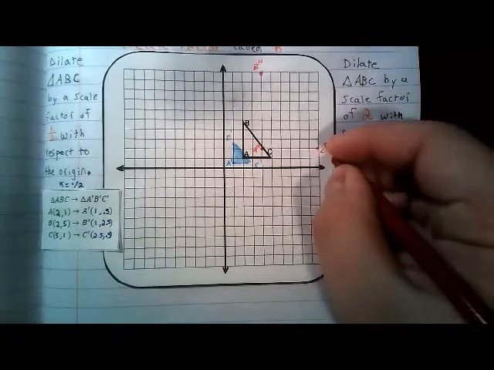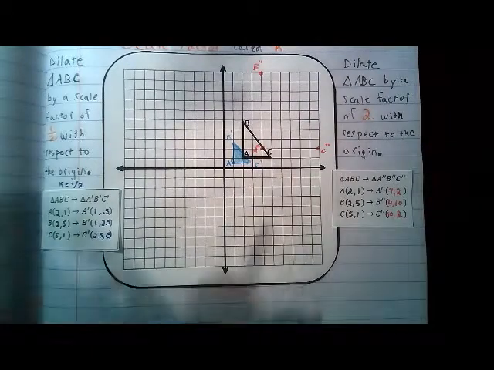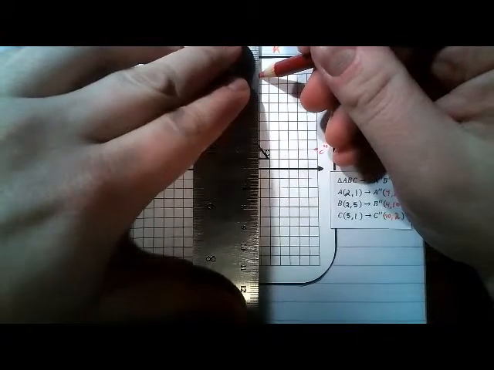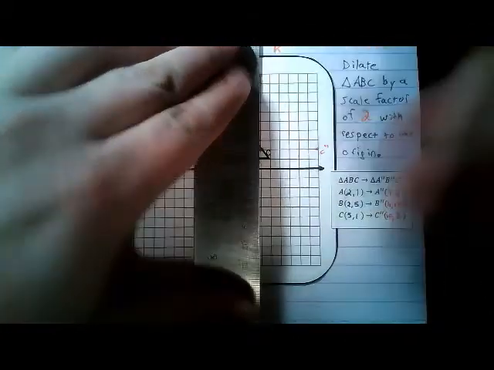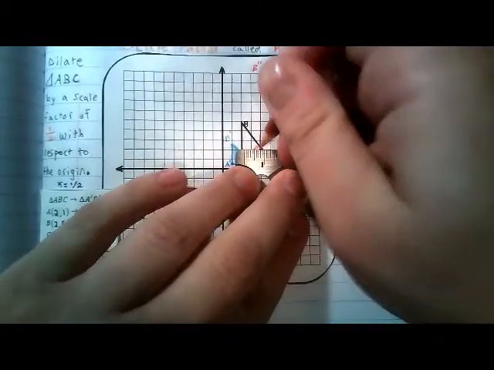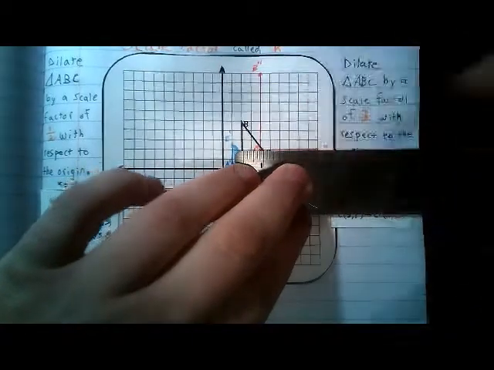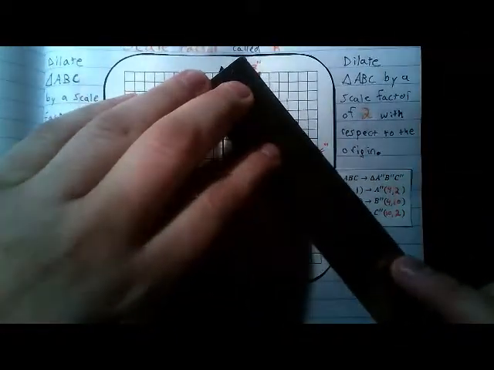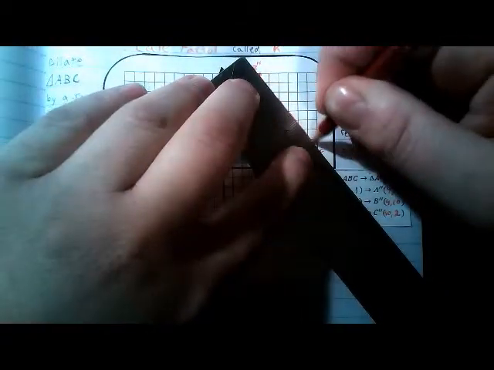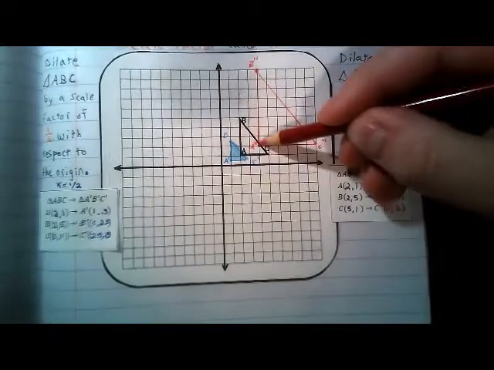There's C double prime. And we can use a ruler to connect that triangle together. And to make it easier to see, we're going to shade that in as well.